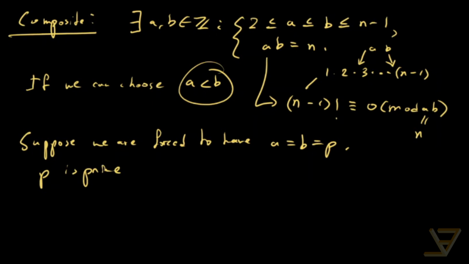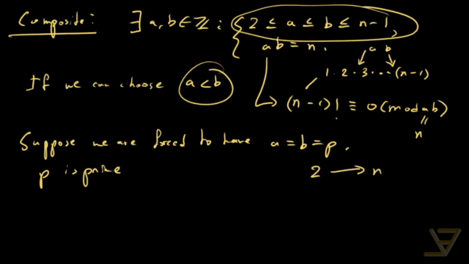Otherwise, there's going to be some other factor that we can choose to be a. So p has to be prime. Otherwise, if it is composite, we can use an argument like this over here to get another factor in the zone between 2 and n minus 1.